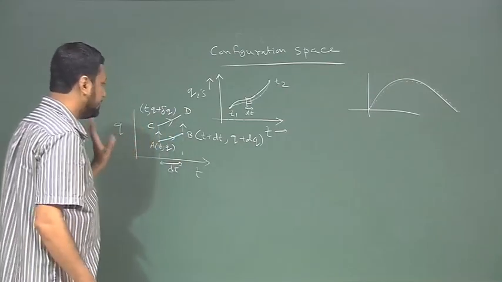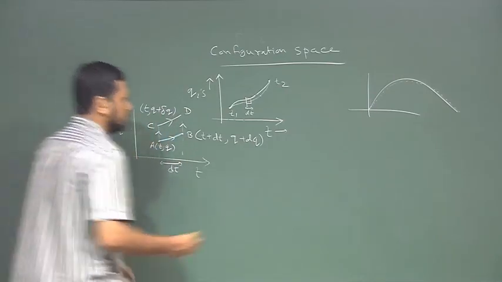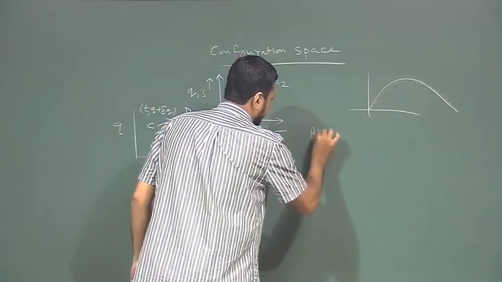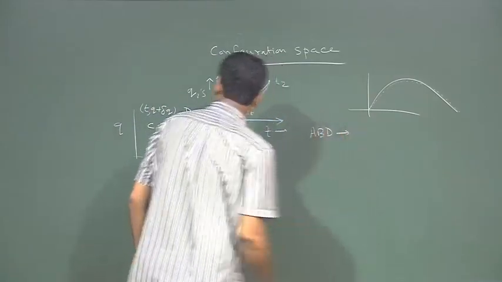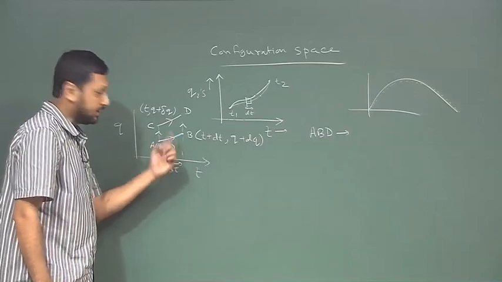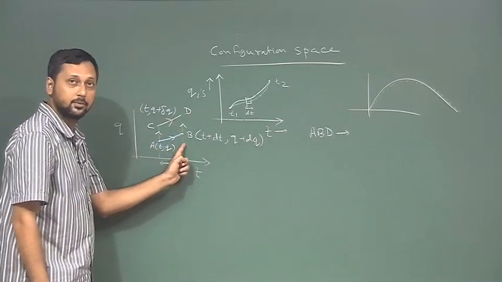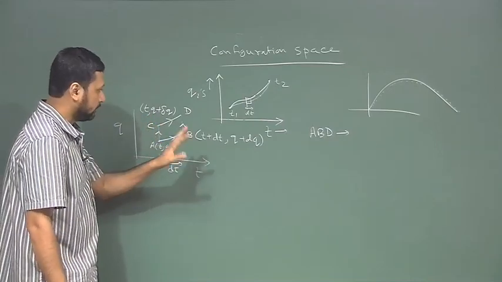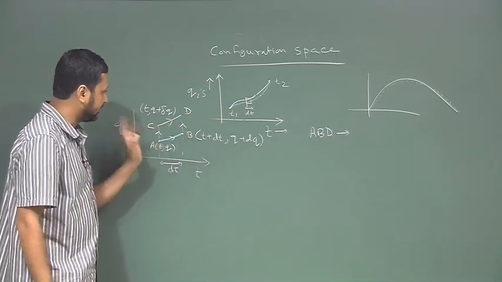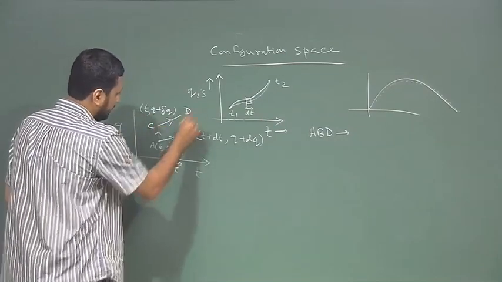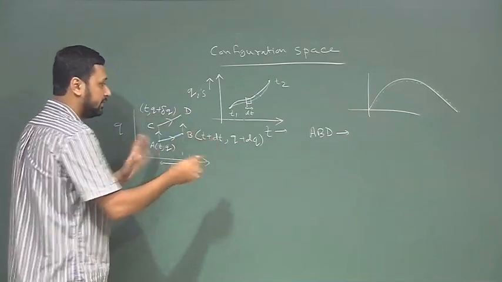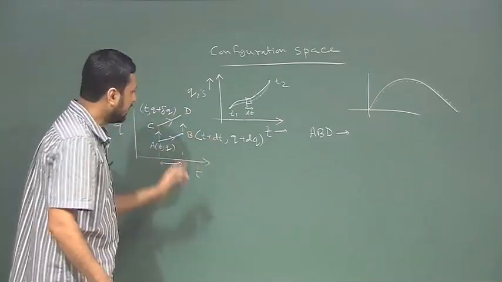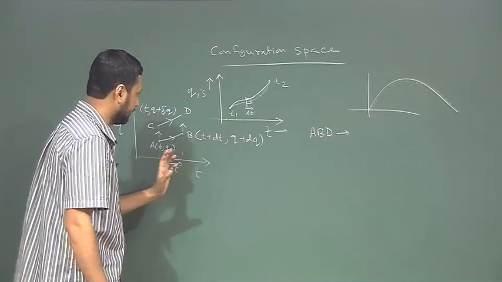If we go A, B, D, the coordinate of D will be, again B to D is another virtual displacement. So, forget about the time part, time will be the same. Whether I go this way or that way, time will be t plus dt. There is no doubt about it, only the spatial part I am interested in.